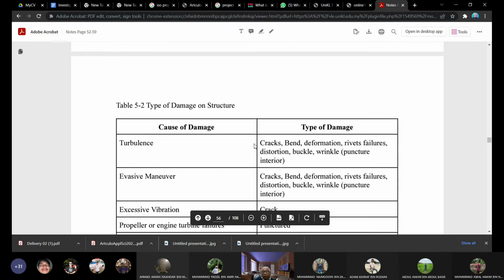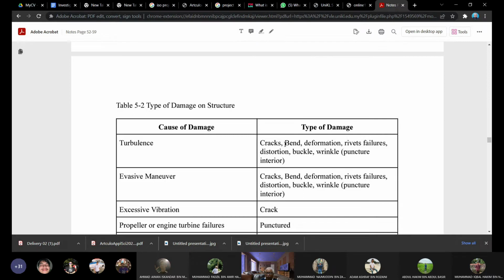Turbulence, for example, you may have structure crack, some aircraft bend. There are cases, I think China Airlines many years ago, where the aircraft dropped to 15,000 feet, and when they landed, the whole aircraft fuselage was bent, bowed. Deformation, that is deformation.